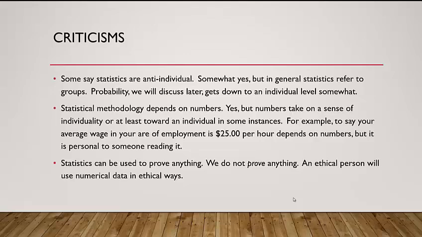Okay, so to recap, the biggest thing here, we don't prove anything, and as an ethical person, you're going to put all your cards on the table when dealing with numbers.